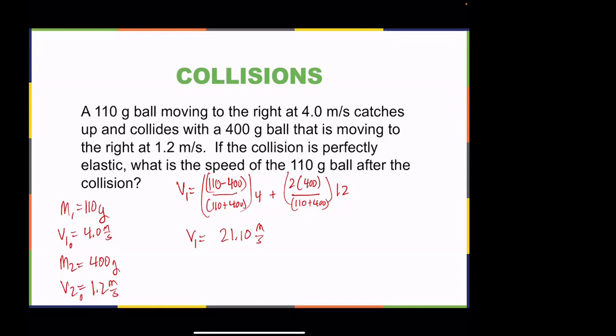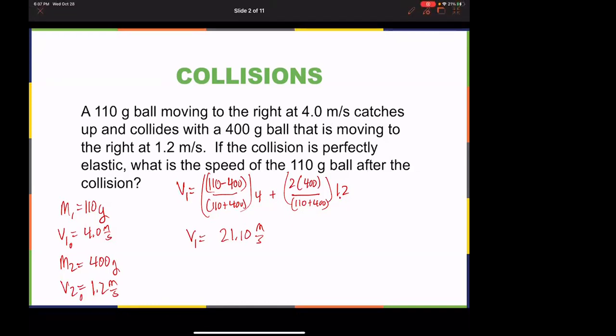Wait, did you do 1.2 or did you do 12? Because it looks like you wrote a 12. I think I did 12. Thank you. Yeah, I was going to say that is way too big. What's it come out to be when you do 1.2? Well, I don't know if I did it right, but I got like a negative 0.392. Yeah, it should be negative. Would you get negative 0.392? Yeah, that's what I got. All right, so that's review. Any questions on that?